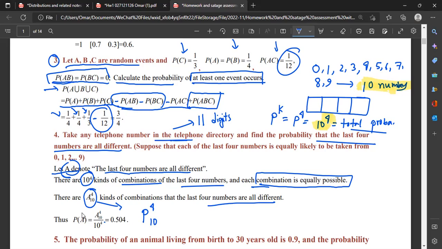So the probability is the outcome, which is the permutation P(10,4), divided on the denominator by the total. So the answer is 0.504.